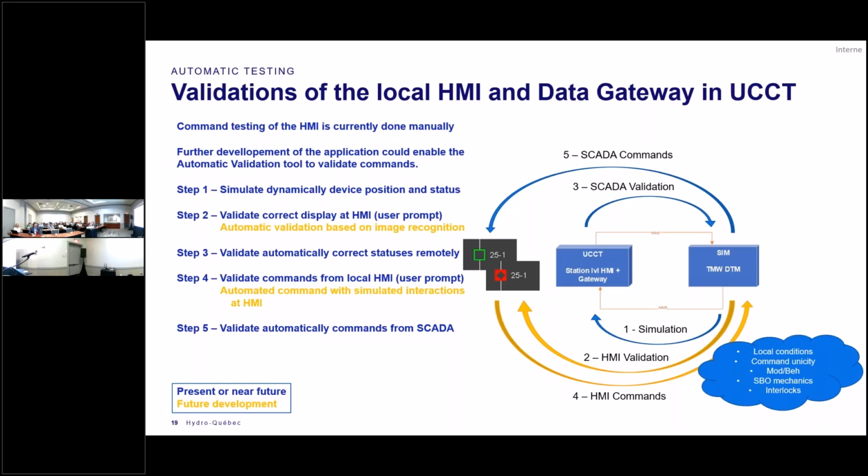And then with the automatic testing, we would be able to validate that the position of that breaker would change at all levels with all the correct attributes. And when doing commands remotely, we would be able to validate at all levels that it's done correctly. So that would have helped to really validate the only missing piece that we did not do at that point.